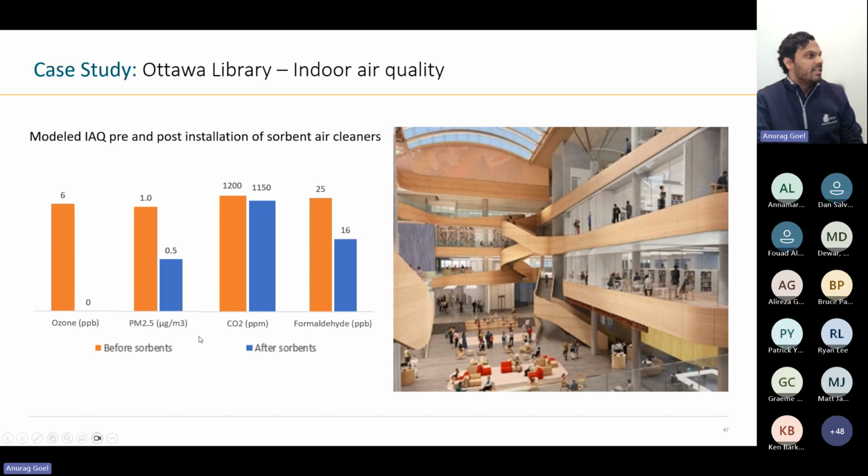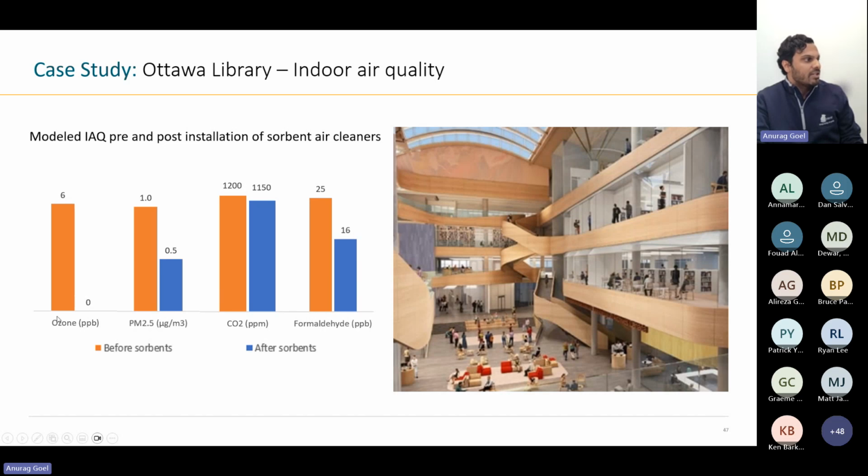So you can see here that, for example, the formaldehyde concentration at VRP outdoor airflow would be around 25 parts per billion. With the IAQP and using a high efficiency filtration system, we're able to achieve about 16 parts per billion of formaldehyde. And you can see the impact across CO2, particulate matter, and ozone.